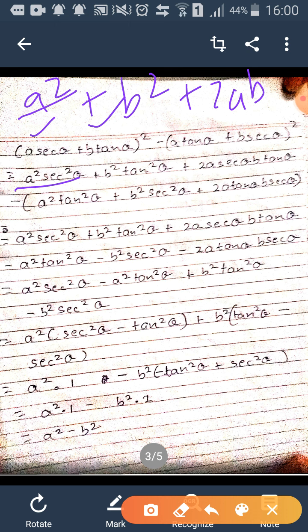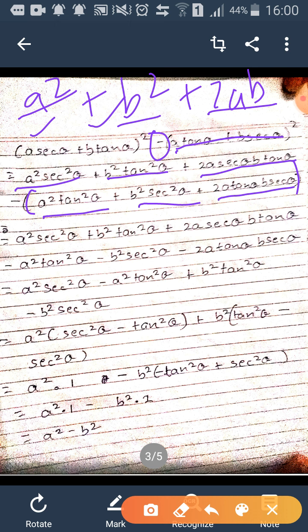What is your b square? b square into tan square theta. What is your 2ab? 2a sec theta into b tan theta. Then there is a minus sign. Since there is a minus sign over here, I will keep the bracket. So a tan theta plus b sec theta whole square becomes a square tan square theta plus b square sec square theta plus 2a tan theta into b sec theta.